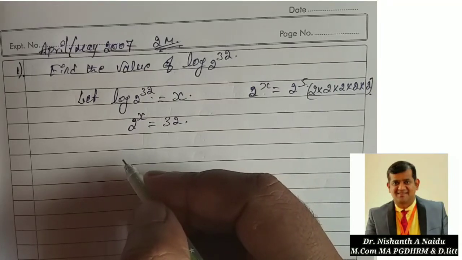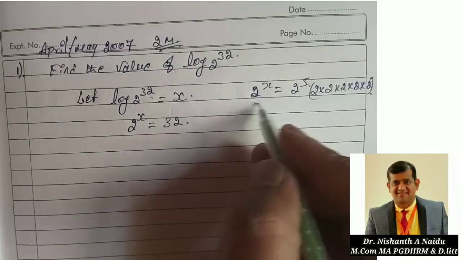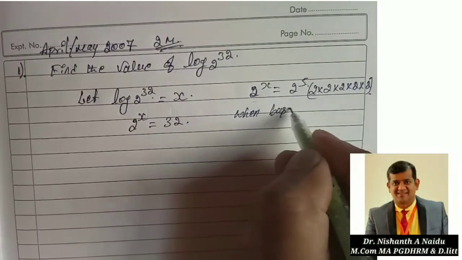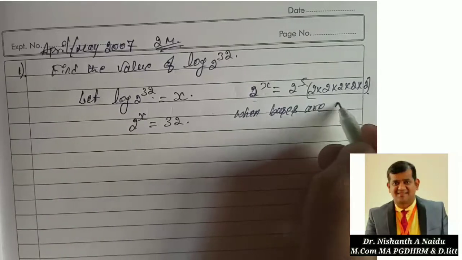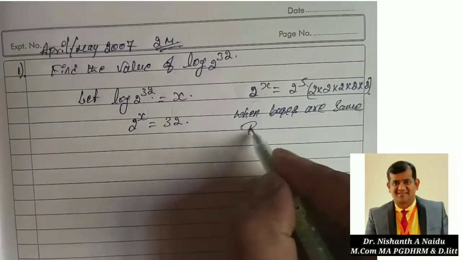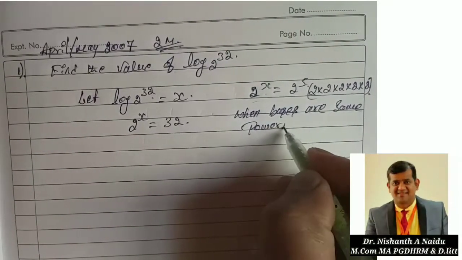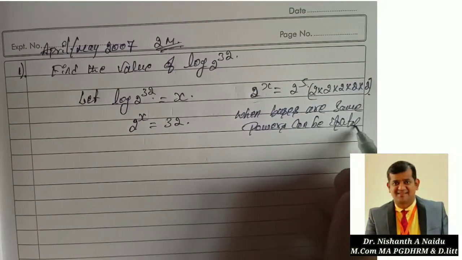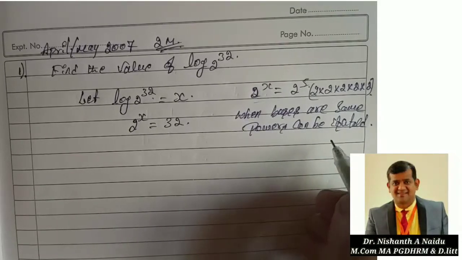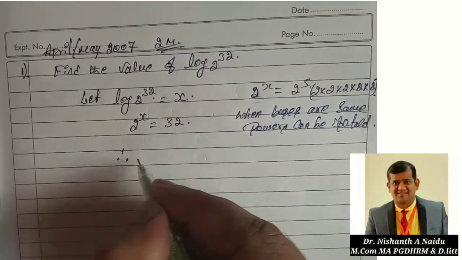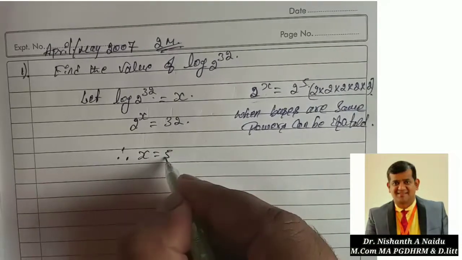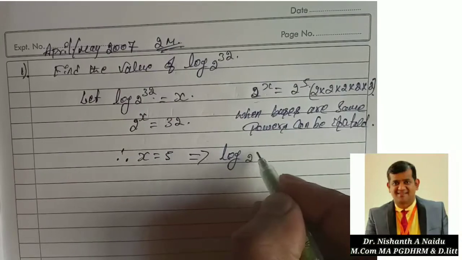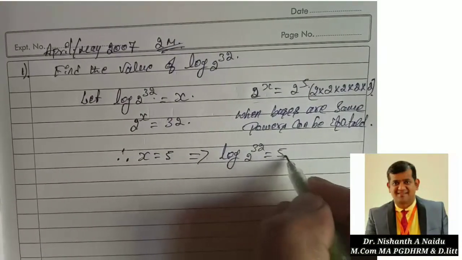So x equals 5, that is, log 2 to the power 32 equals 5.